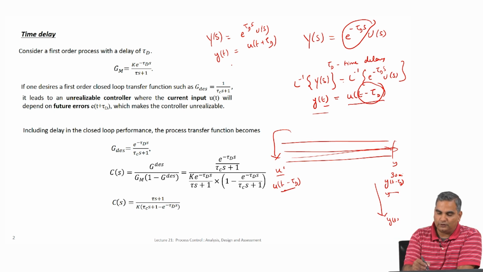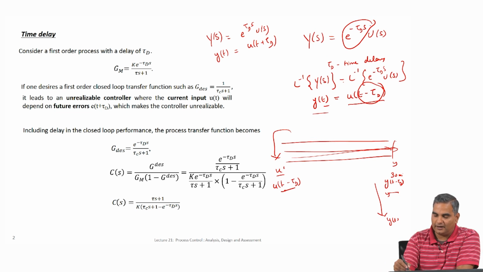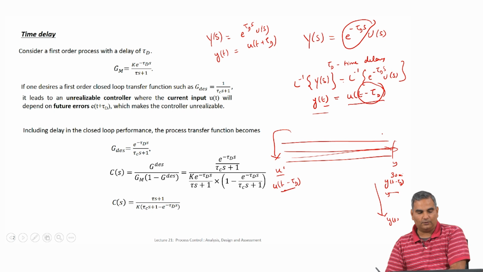You might ask, why should I look at this? I can write this equation as u of s is e power tau d s times y of s. That is the reason why we have to look at forms like this. But just so that you understand, whenever I multiply by e power alpha s, then y of t is u of t plus alpha. If this alpha is negative, correspondingly it will be minus tau d. If it is positive, it will be plus tau d and so on.